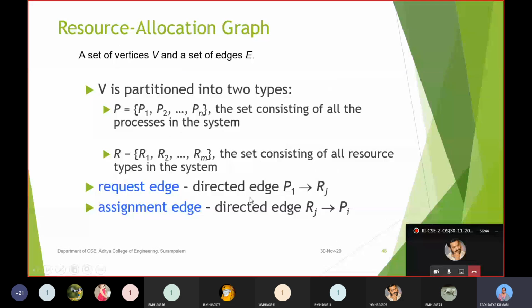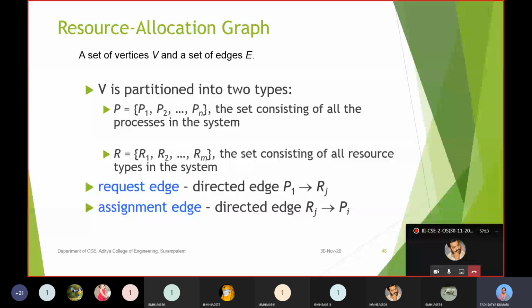So next, the next important topic related to deadlocks is resource allocation graph. What is this resource allocation graph and why do we need it? The deadlock situation is easily explained with the help of this resource allocation graph.